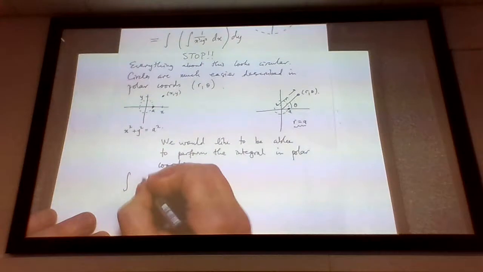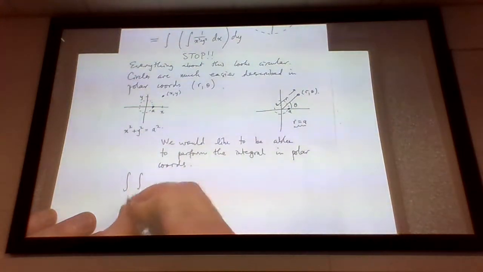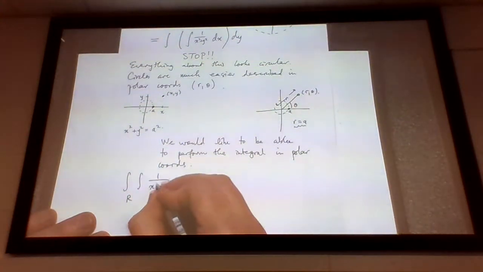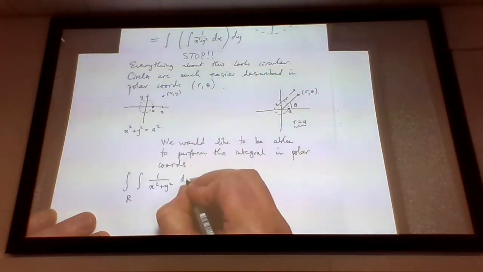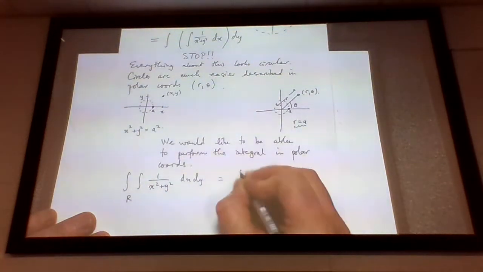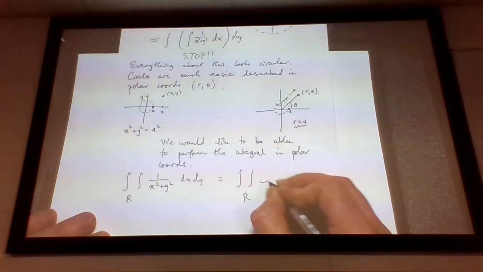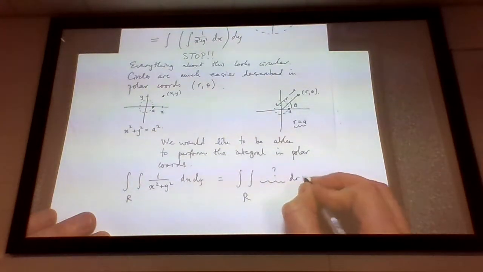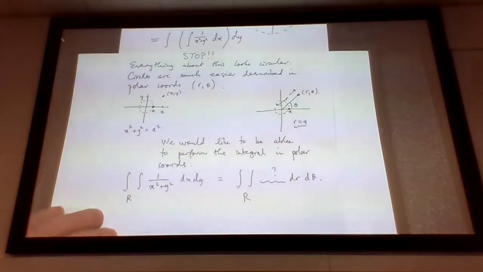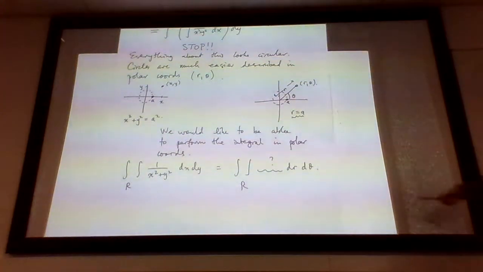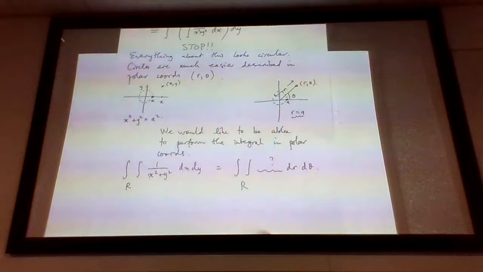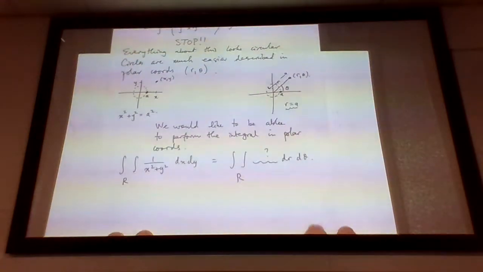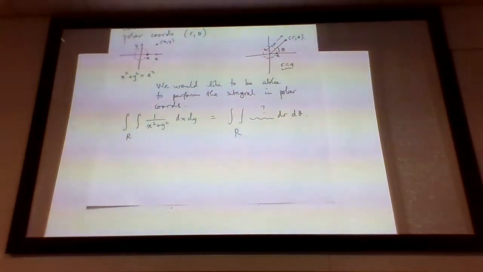Okay, but the question is, given the integral over R of 1 over x squared plus y squared dx dy, if we wanted to change it to take place with respect to this new system of coordinates, we need to know how to do it. Okay, well, this is how we do it.